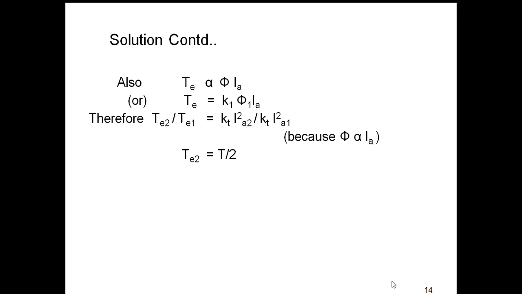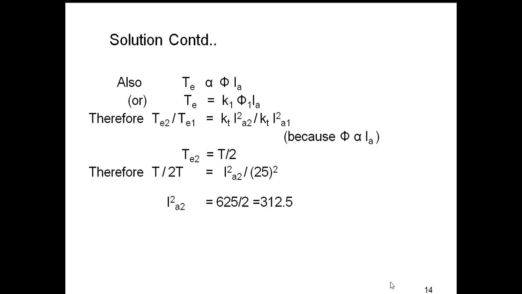We also know that T2 is equal to T by 2. On substituting these values in the above equation, we get T by 2T is equal to IA2 square by 25 square. Here KT gets cancelled. So from this T also gets cancelled.